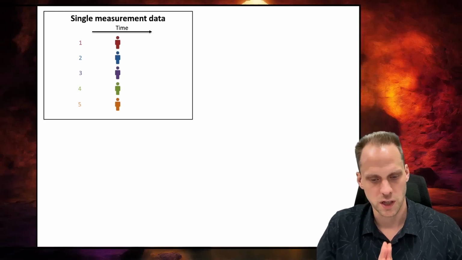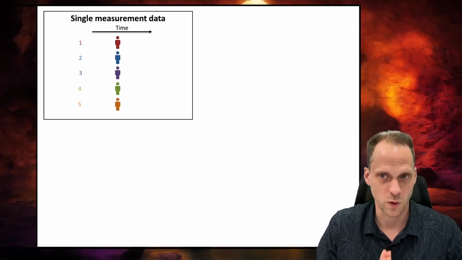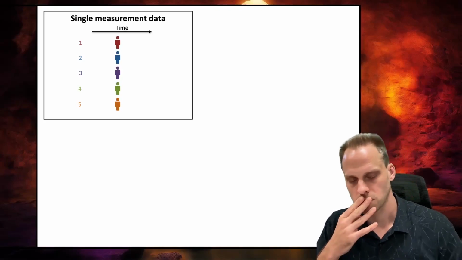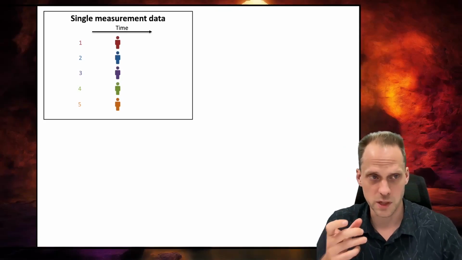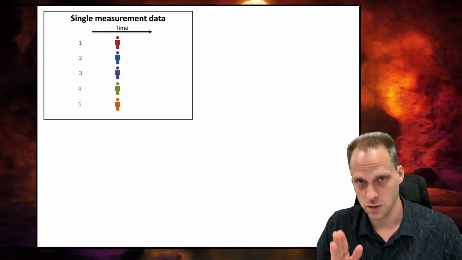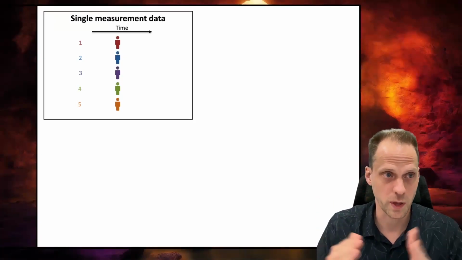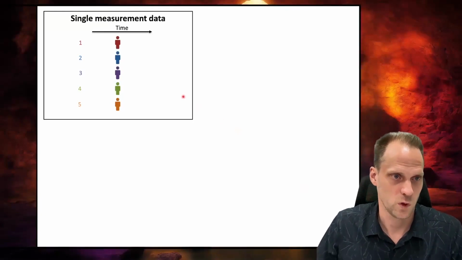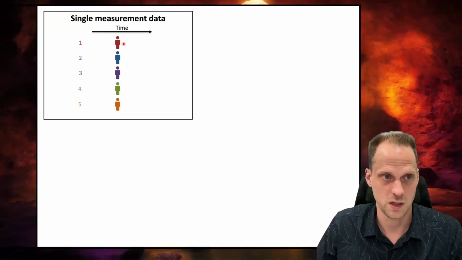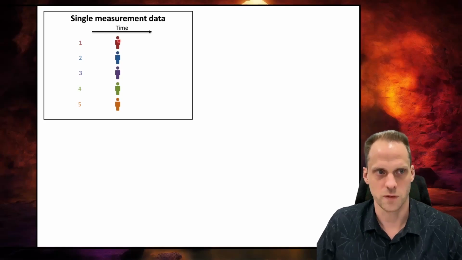Simply having this type of data means that you have only one measurement per person. But it could be that that measure is not a certain point in time, but rather an average over a long time, or maybe a stable average. So maybe this is place of birth. Whatever you do in life, your place of birth will not change.